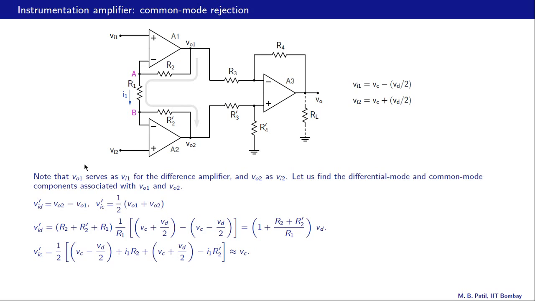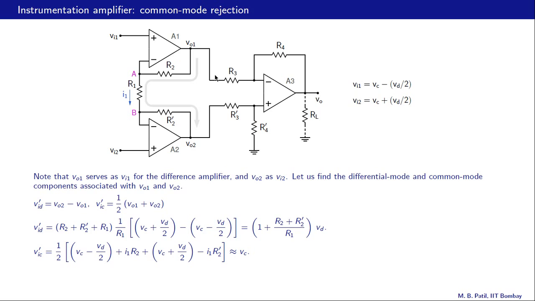So something very significant has happened. Let us see what that is. At this stage, our common mode voltage was VC and the differential mode voltage was VD, and that is why VI1 was given by VC minus VD by 2, VI2 by VC plus VD by 2.